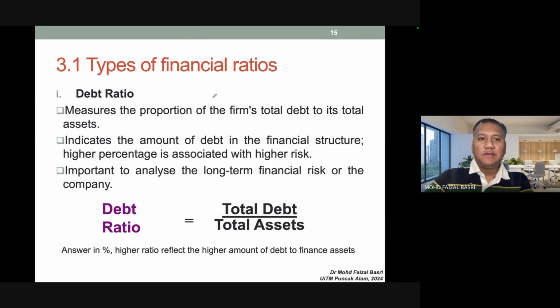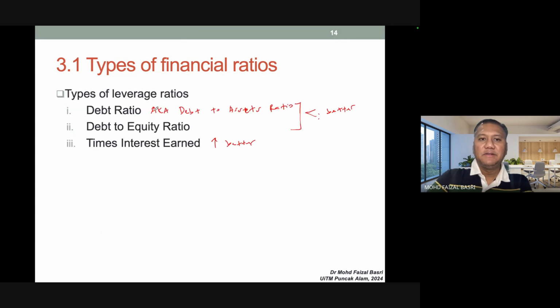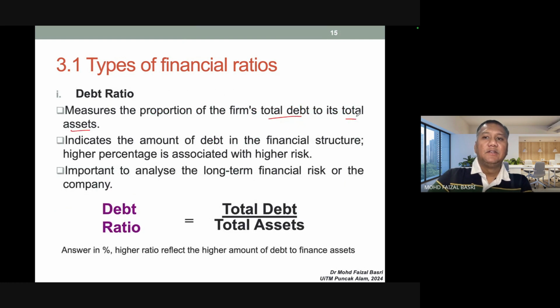So let's look at the formula untuk debt ratio. Debt ratio measures the proportion of the firm's total debts to its total assets. That's why kalau you tengok nama ratio ni, debt to assets, the name of the ratio is actually the formula: total debt to total assets.